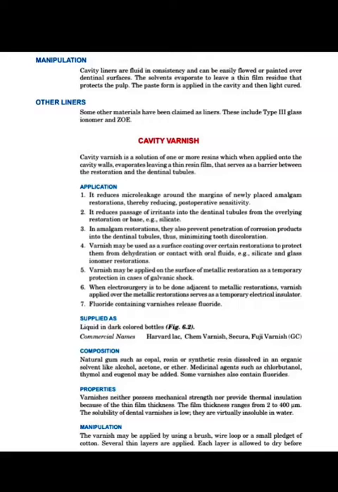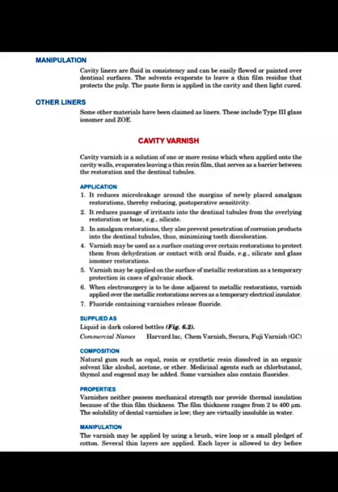So what do you mean by cavity varnish? Cavity varnish is a solution of one or more resins which are applied onto the cavity walls, evaporates, leaving a thin resin film that serves as a barrier between the restoration and the dentinal tubule. Remember this is an MCQ. It is the solution of one or more resins dissolved in organic solvent like alcohol, acetone and ether.